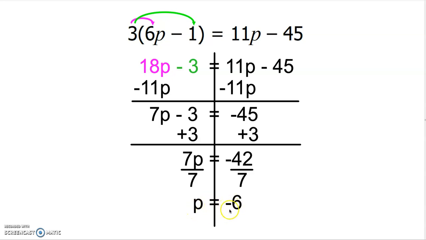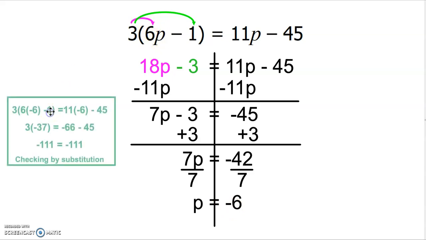Now that we know p is negative 6, let's check our work and plug it back in to the value of p to see if we got our answer correct. So we're plugging the negative 6 wherever we see that variable. So 3 times 6p minus 1 equals 11p minus 45.